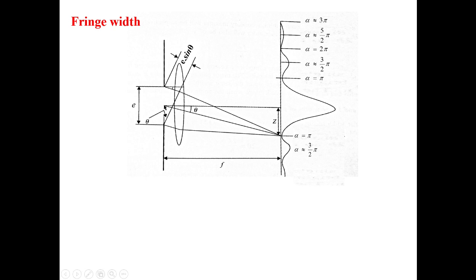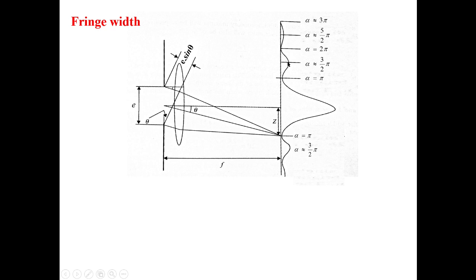We can find the fringe width at the screen also, as we know already that for the principal maxima alpha should be equal to 0, and for minimas alpha should be equal to n pi. Alpha equal to pi for first minima, alpha equal to 2 pi for second minima, and so on.